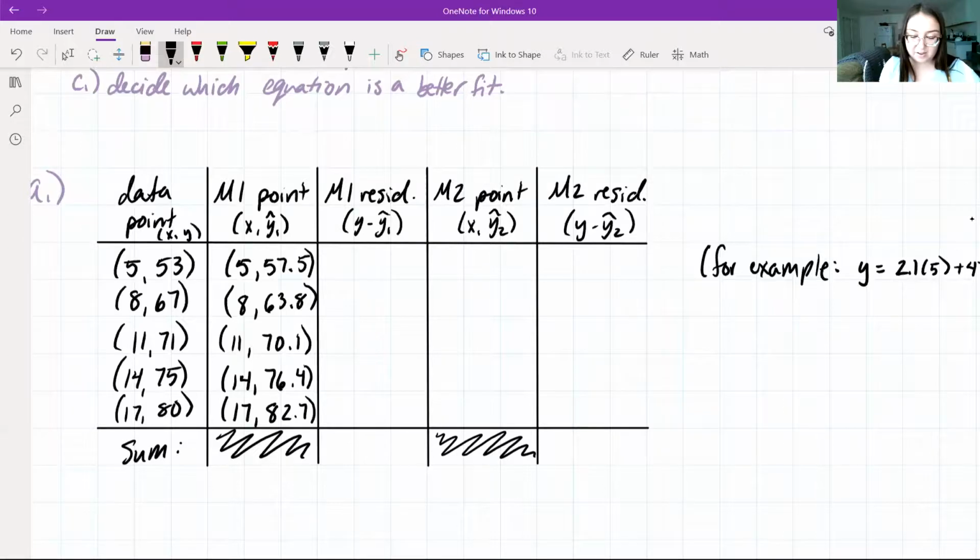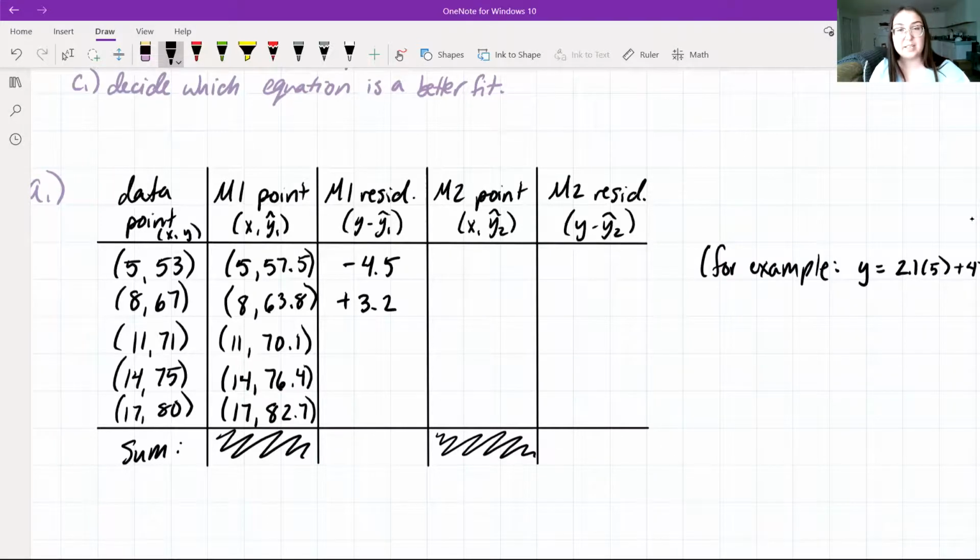And that is going to give us negative 4.5. And you want to keep the negatives and positives in this case. So then our next value here, we're taking 67 minus 63.8. And that's going to give us a positive 3.2.